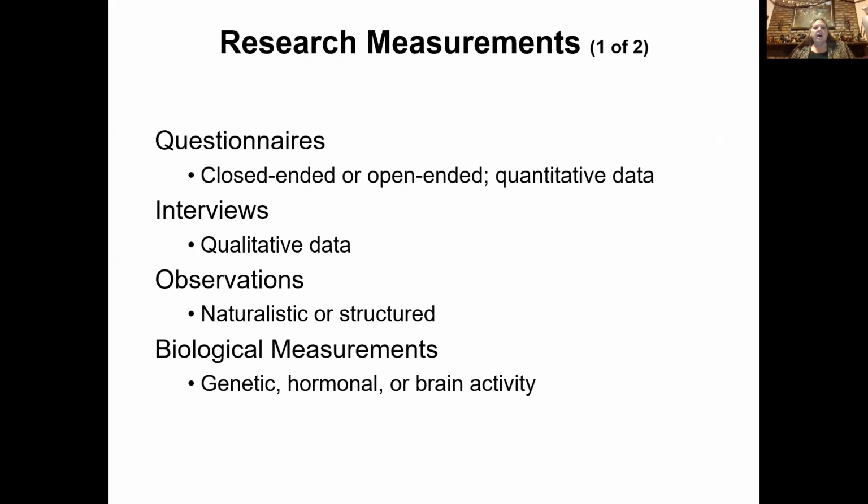All right, we're going to talk a little bit now about how we collect our research data. How do we conduct our research? There are a lot of different ways we can do it. First, we can talk about questionnaires. Those are closed-ended or open-ended quantitative data. Questionnaires can be very handy.